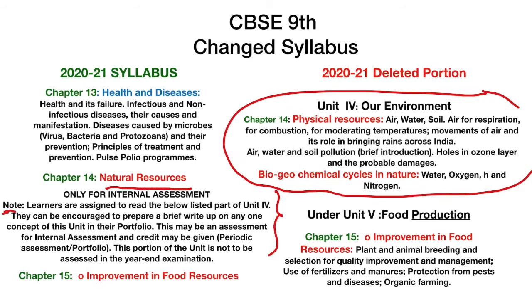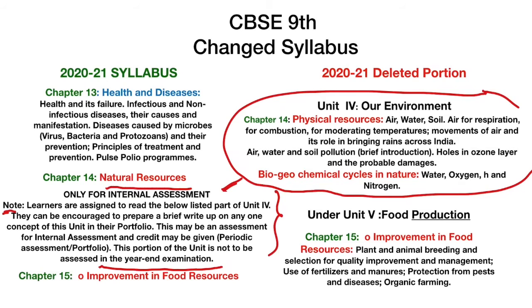They can be encouraged to prepare a brief write-up on any one concept of this unit in their portfolio. So this may be an assessment for internal assessment, and credit may be given. This portion of the unit is not to be assessed in the year-end examination. But they have deleted this portion from your final exams.